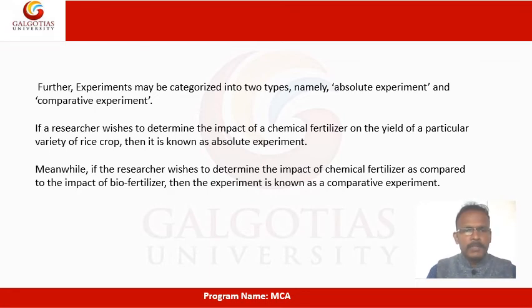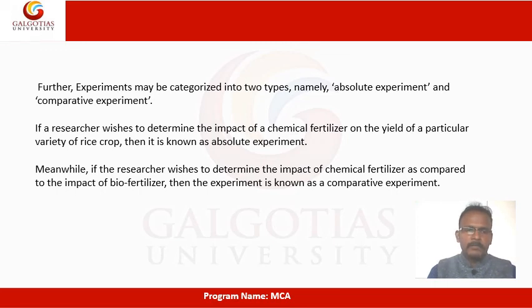From both lines, you can simply identify. If a researcher wishes to determine the impact of chemical fertilizer on the yield of a particular variety of rice crop, for example, we can put the fertilizer on this particular crop and we can expect the yield of the rice crop. This is the absolute experiment.